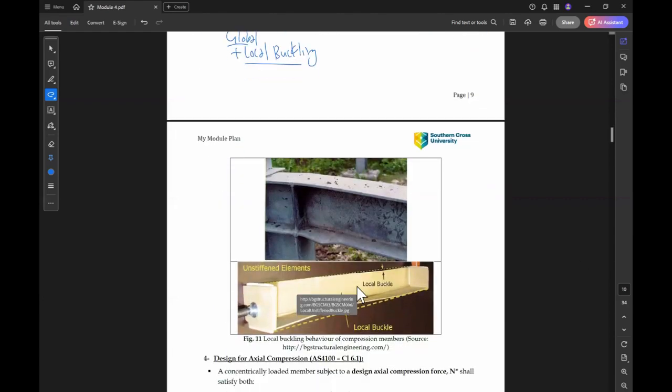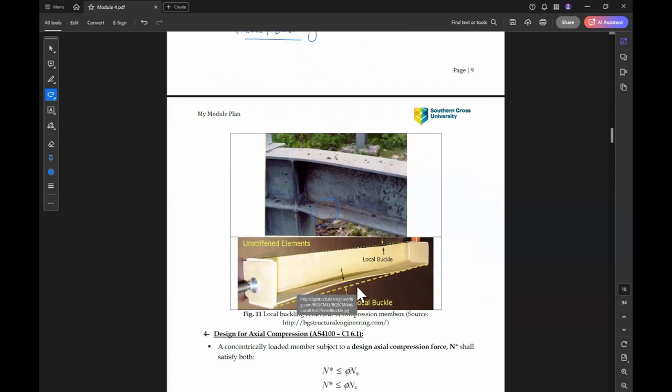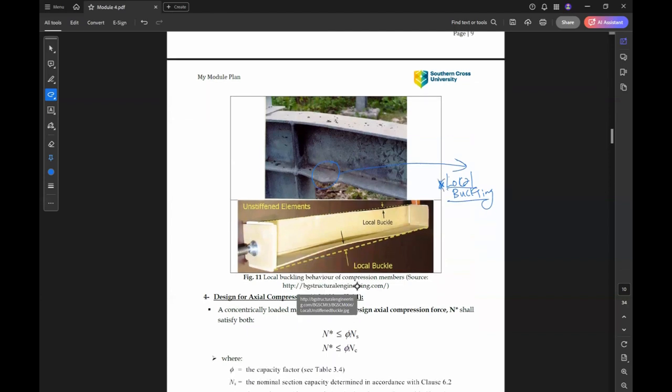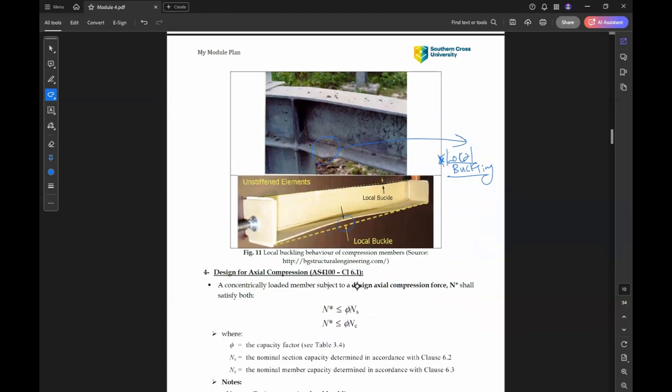Here is an example of local buckling. As you can see, the whole member is okay, but at some locations of the bottom flange we have local buckling. This is a real example of local buckling. Here as well, in this flange, we have local buckling.